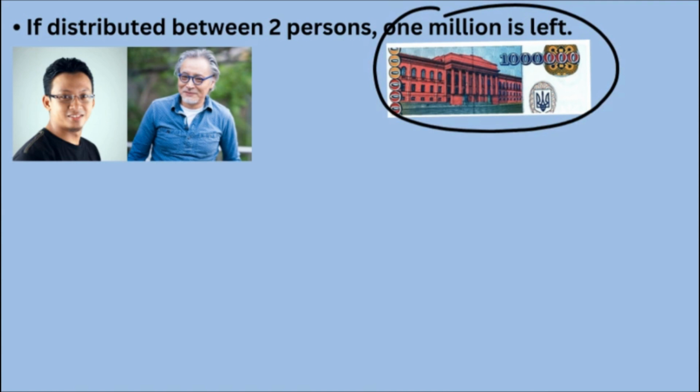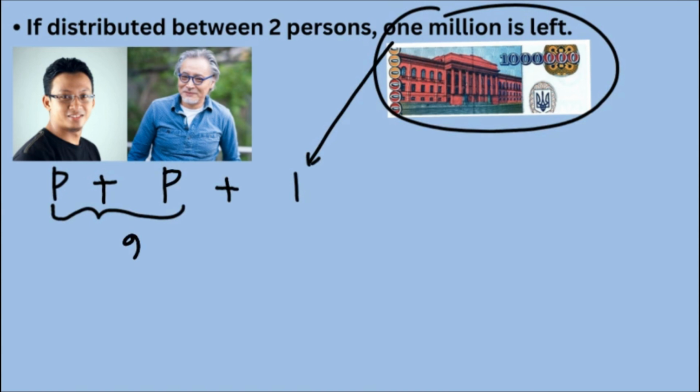Suppose one person is given P millions, the next one is also given the same P millions, and 1 million is left. So P plus P plus 1; P plus P is like adding like terms, you get 2P plus 1. So the value of x is 2P plus 1 millions.